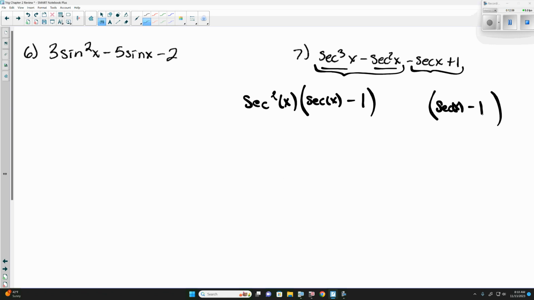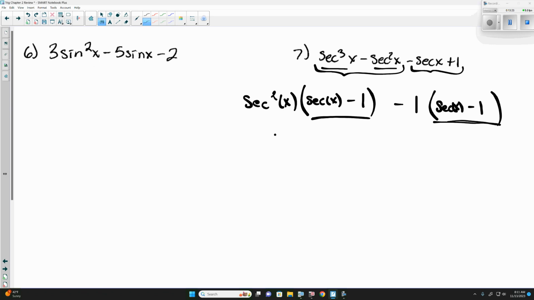However, our secant of x right now is negative, not positive, and our 1 is positive, not negative. So what we can factor out is a negative 1. Because if I factor a negative 1 out of negative secant of x, it becomes positive. If I factor a negative 1 out of positive 1, it becomes negative.